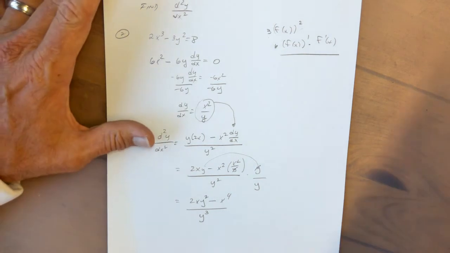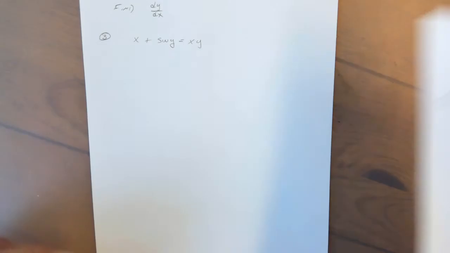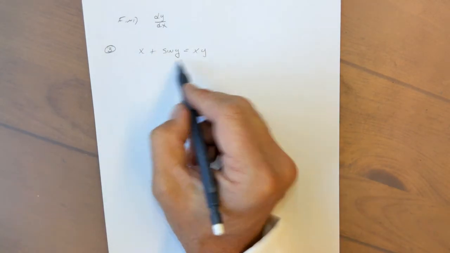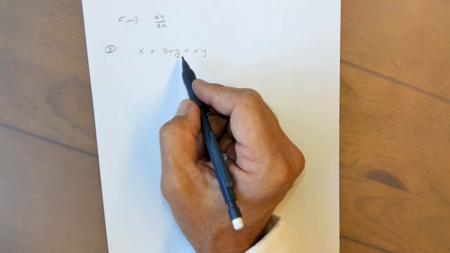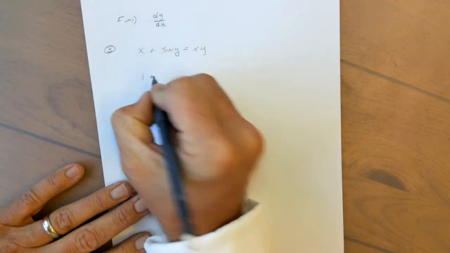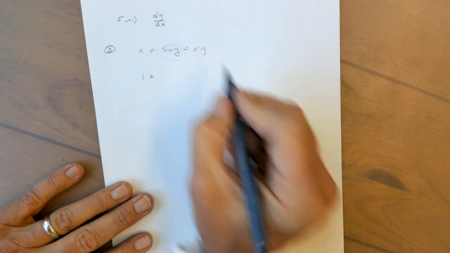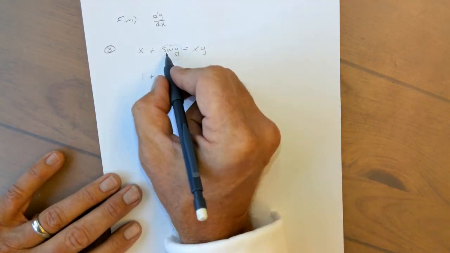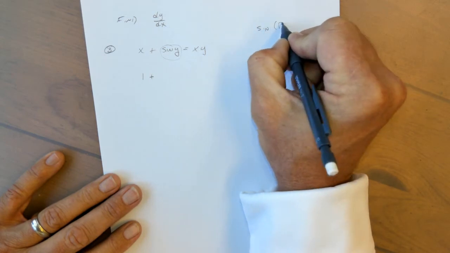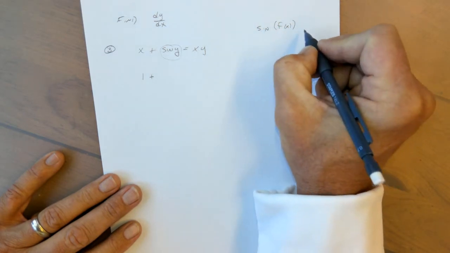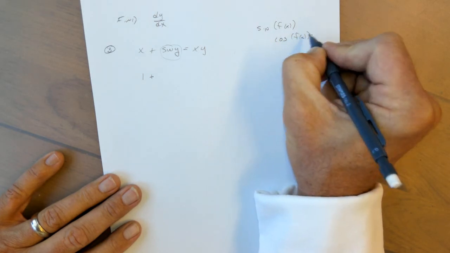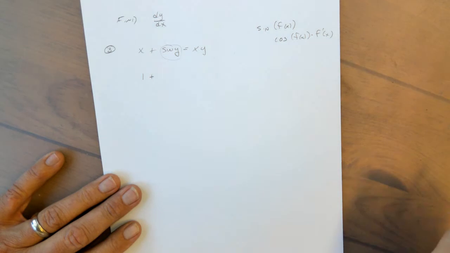Okay, one more. Here we're going to involve trig. And so now we're going to find the derivative of this equation. So going left to right, the derivative of x is 1 plus, so again we have a composite because it's the sine of a function. Right? So again over here, if we use different notation, if we had the sine of f of x, the derivative would be the cosine of f of x times the derivative, which is f prime.